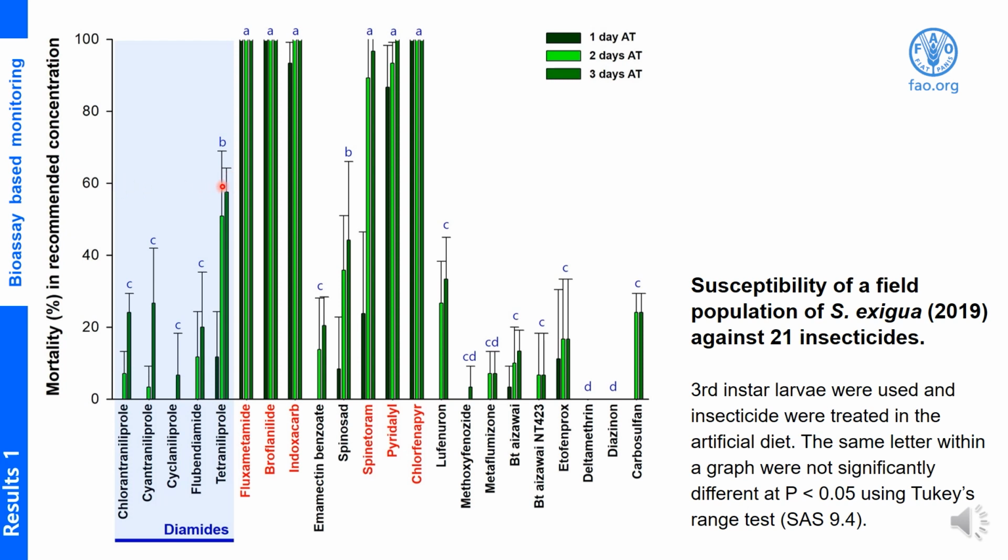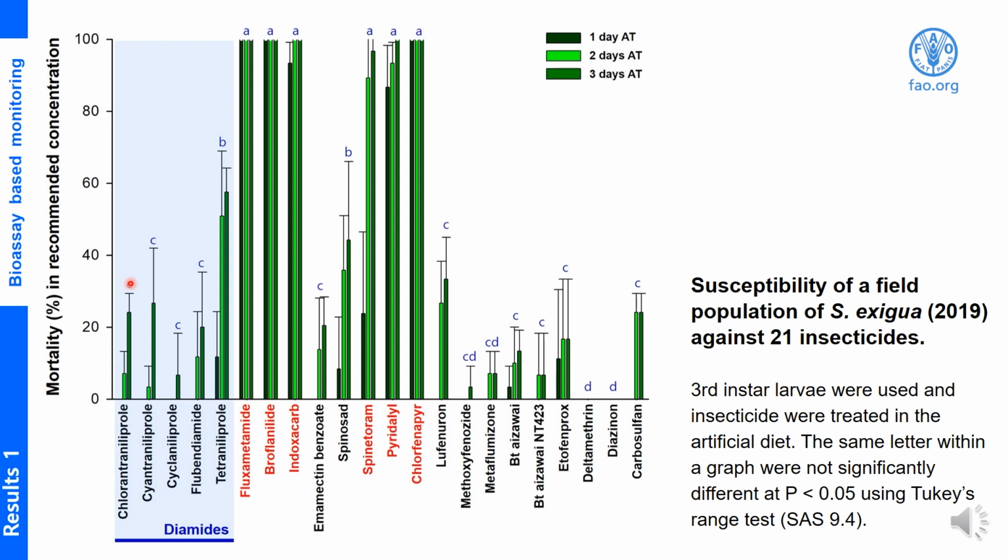So when we treat with this kind of diamide insecticide in a field, less than 50% of larvae can be controlled.